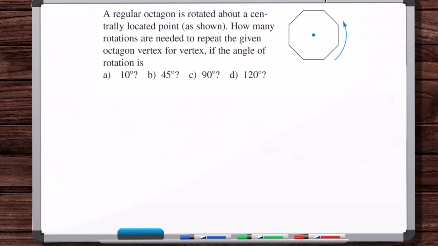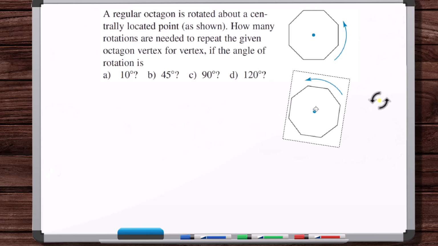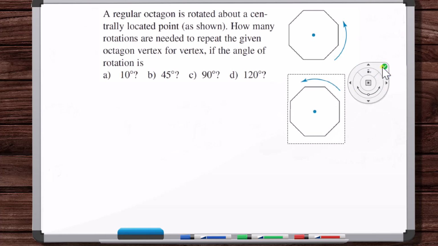So if they were saying we're counting this as an equivalent figure, then we'd have two different problems between the hexagon and the octagon.